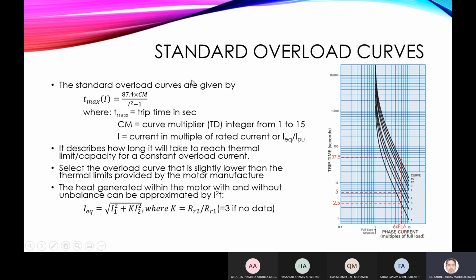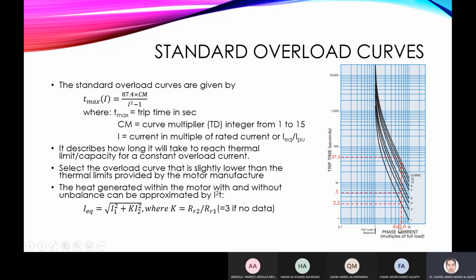These are the IEEE standard or NEMA standard overload curves. So we have 15 curves, each providing a different time element. As you can see, the pickup at which this overload operates is at almost 1.05.